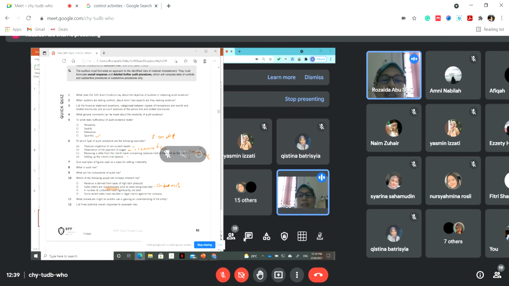So that is inherent risk. A number of customers have significantly old debt. Old debt means the possibility of bad debt, so that becomes inherent risk. Some recent sales have resulted in legal claims against the company. This is a litigation issue, so it leads to inherent risk.